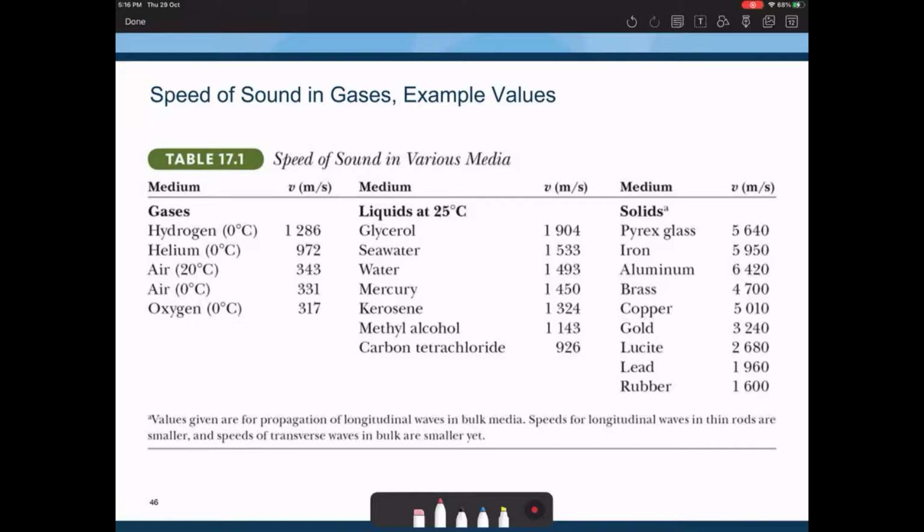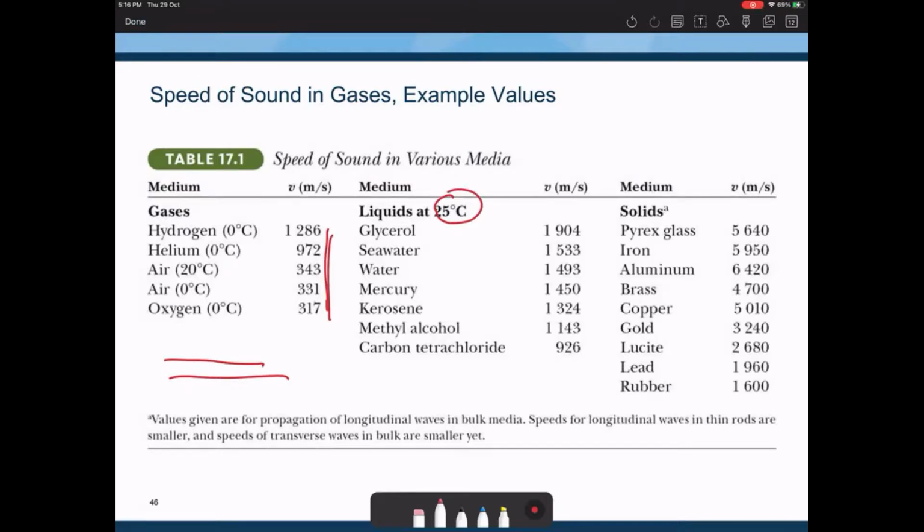They are all shown here, the speed of the sound at 25 degrees C, or room temperature, if you like. Here you have some other temperatures of a gas at 0 degrees C, which should not change a lot compared with the room temperature, but you could still see a great difference.